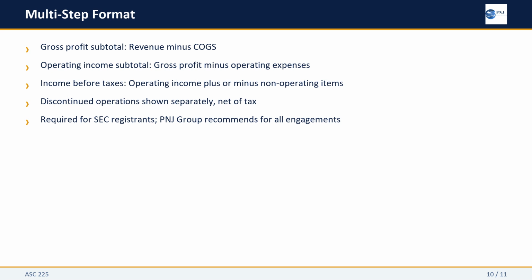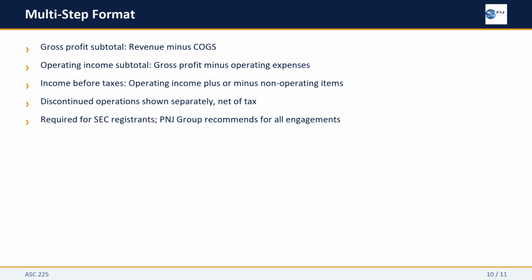The multi-step format delivers the subtotals that actually drive analysis: gross profit, operating income, income before taxes. Each subtotal lets stakeholders evaluate a different layer of the business independently. ASC 220-10-45 requires operating income be displayed or disclosed on a full income statement.